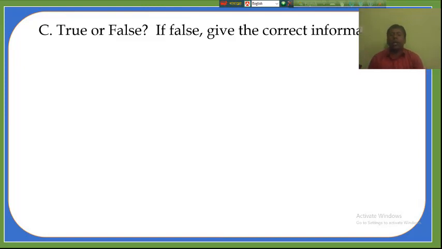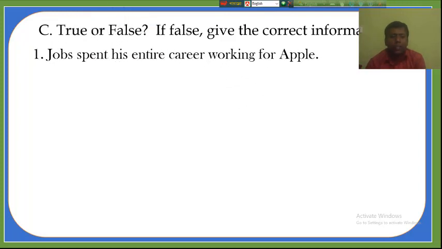Dear students, now we will try to solve some true or false questions. If false, give the correct information. Jobs spent his entire career working for Apple. Is it true or false? Can you imagine the answer? Fine.